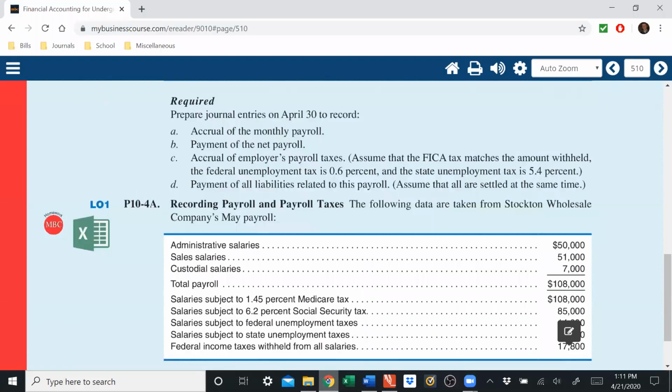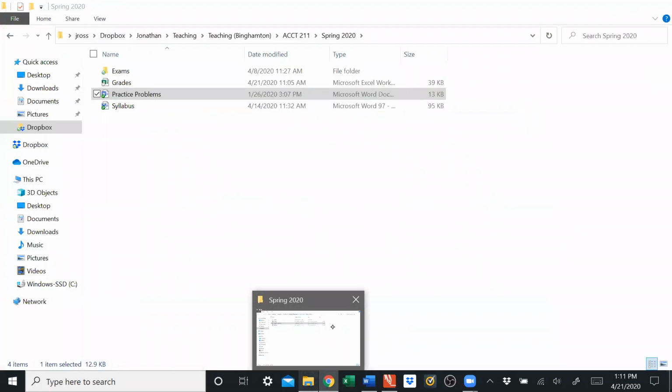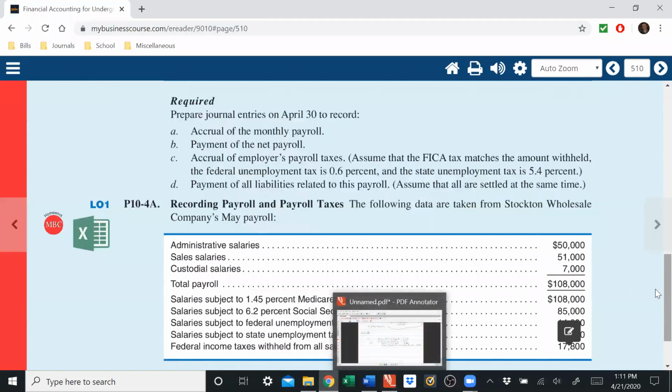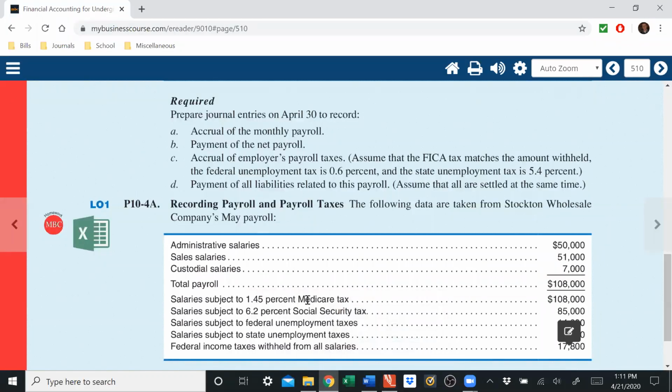All right, what's next? The Medicare and the Social Security tax. And these two collectively are known as FICA taxes because the federal government required these taxes to be paid after an act was passed by Congress called the Federal Insurance Contribution Act, I think, FICA.